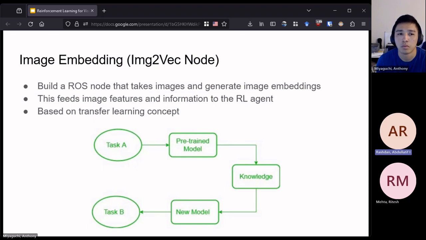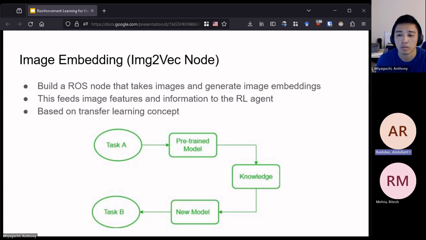One of my main tasks throughout the semester is to develop a ROS node that will take an image captured by the camera in the scene and extract the image embeddings as a vector.